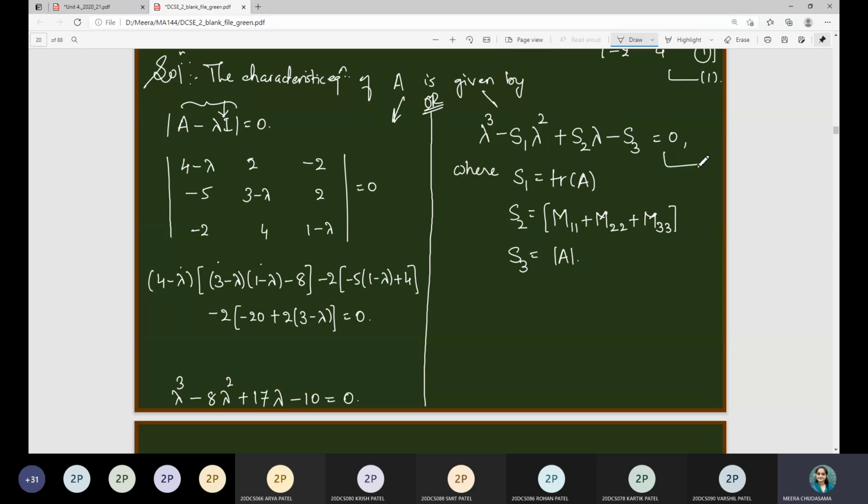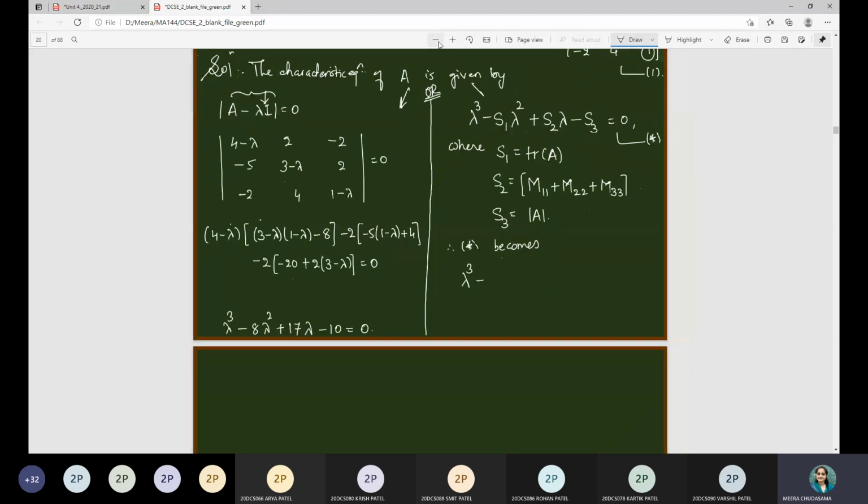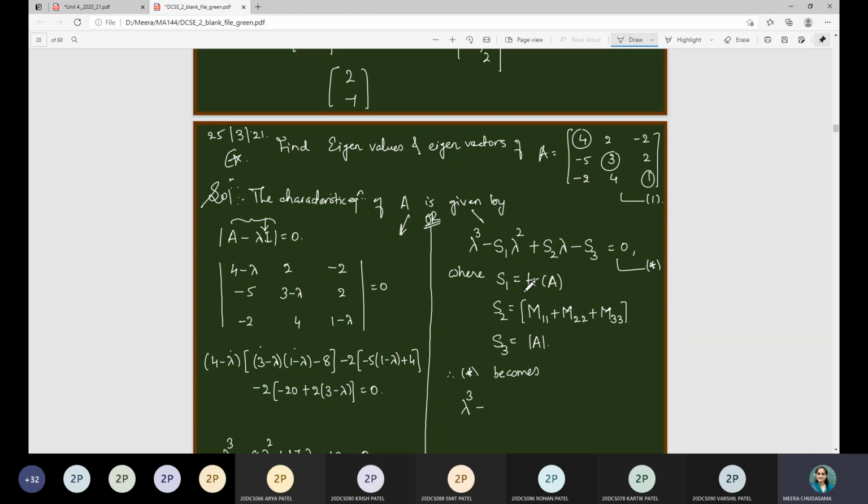Suppose I say this is star, so star becomes lambda cube minus S1. S1 means it is the trace of A, so you can see 4 plus 3 is 7, plus 1 it is 8. So directly you can write 8 lambda square plus S2.